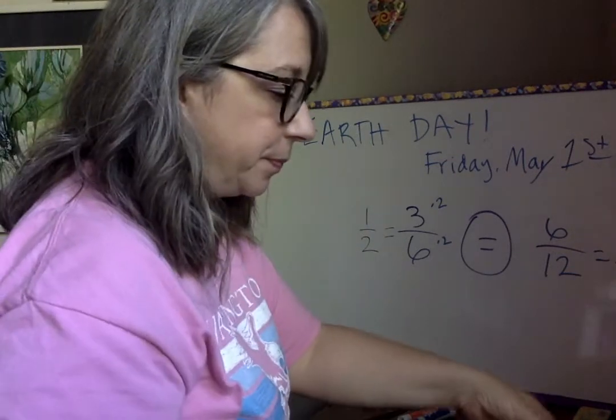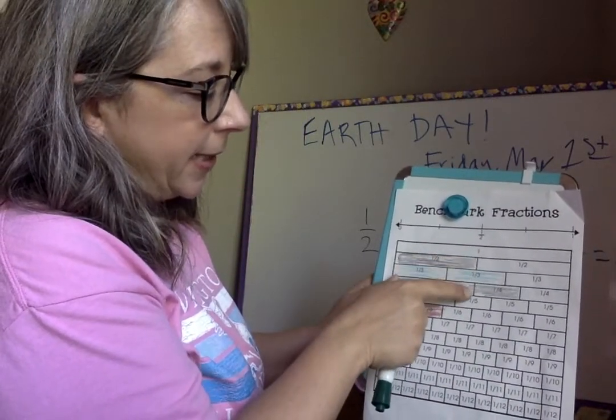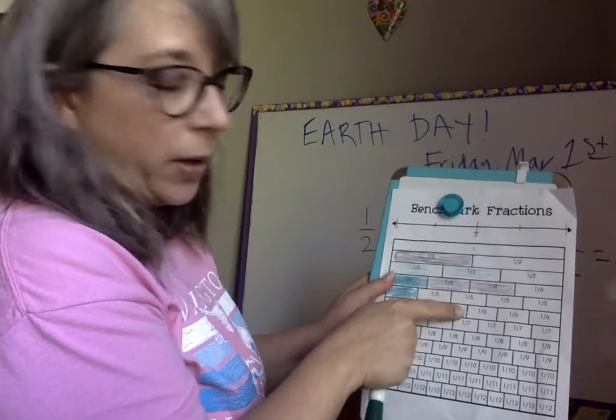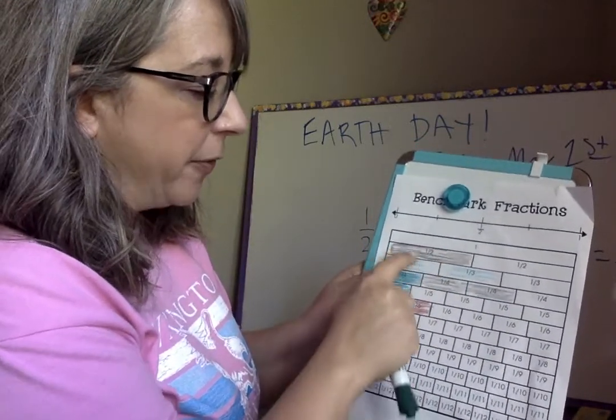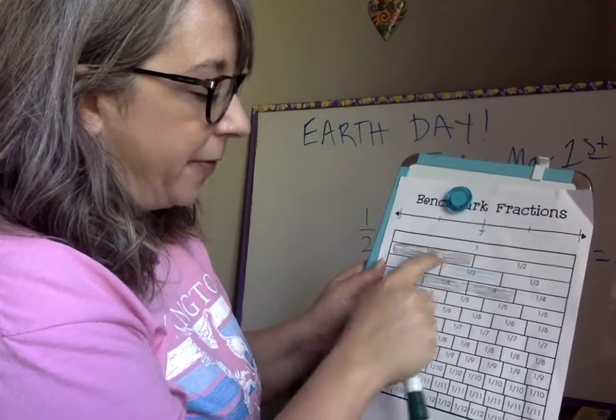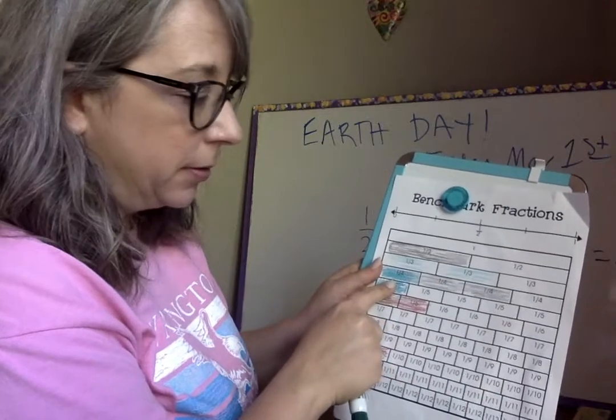Let's see. So here's our dividing line. So any lines that line up with each other are going to be equivalent fractions. Okay? So all equivalent fractions to a half would be a half, and then 2/4 is equivalent to a half.